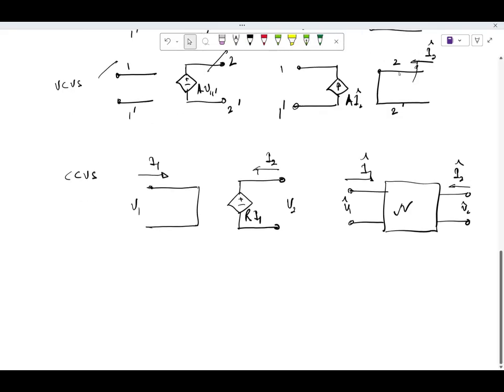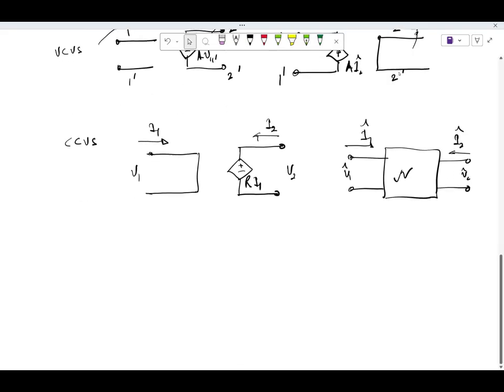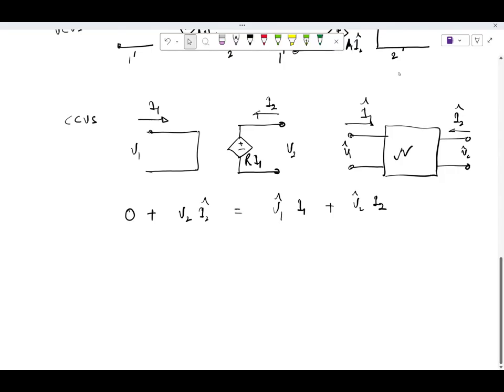Okay, so now let's write out Tellegen. So V1 is clearly 0, right? So the first term goes to 0. Then V2 times I2 hat should be equal to V1 hat times I1 plus V2 hat times I2. So again, by the same principle, we would like to excite port 2. Should I excite port 2 with a current input or a voltage input?